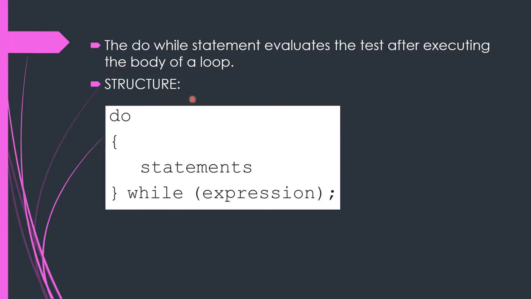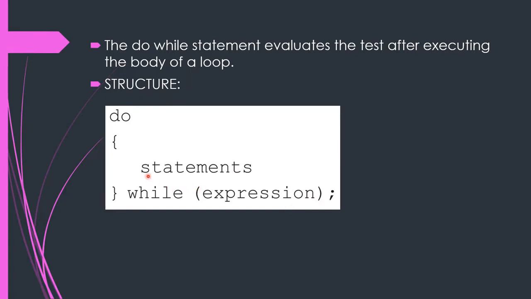But here in the do while statement, first the word is do, meaning the statements will be executed once and then the condition will be evaluated, because the test condition is given after the statements.